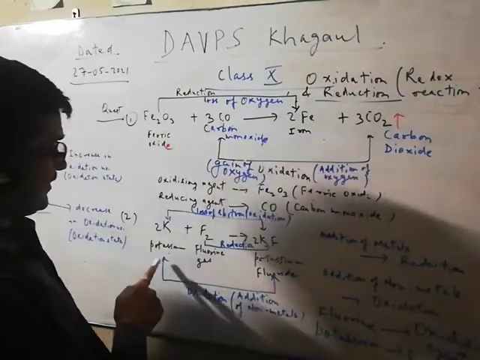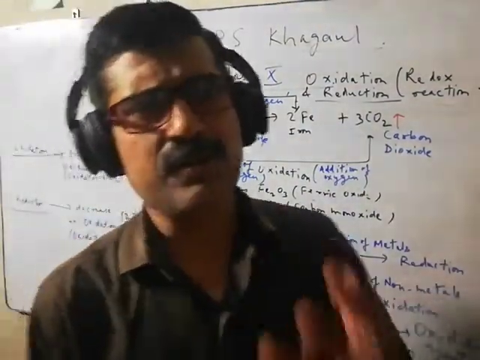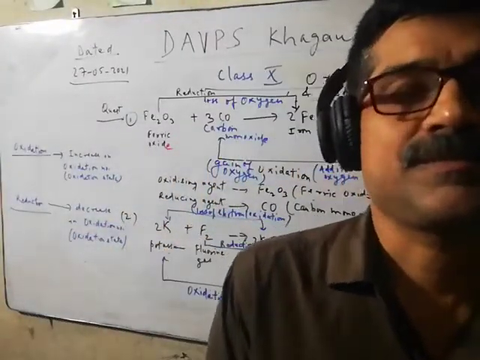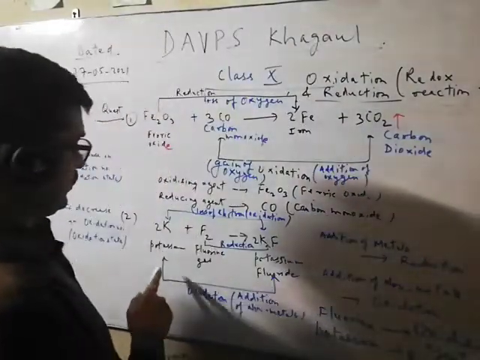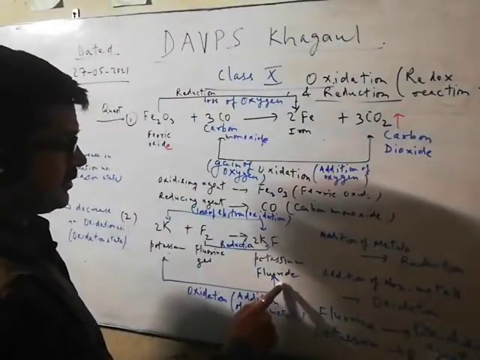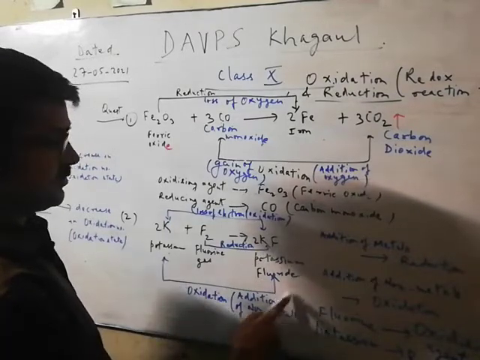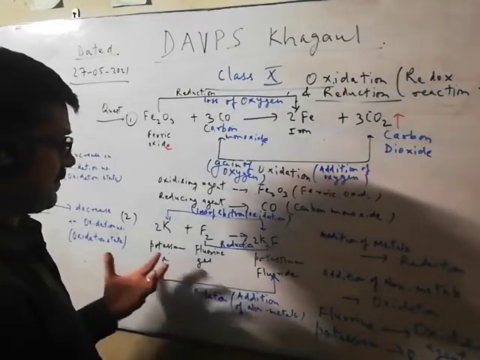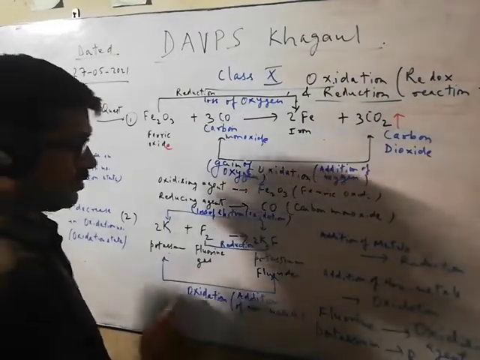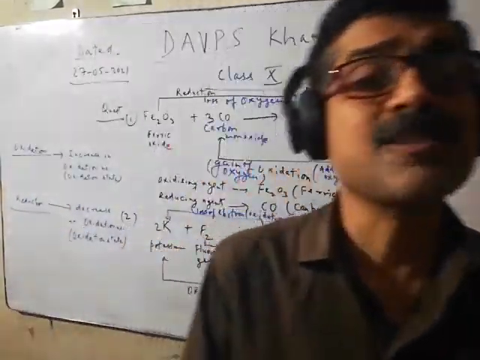Loss of electrons is oxidation. Potassium loses electrons, so potassium is going through oxidation.